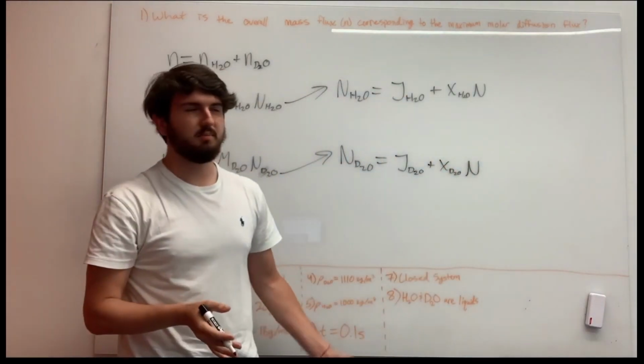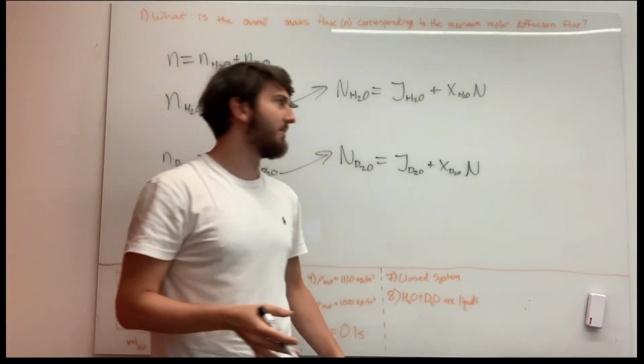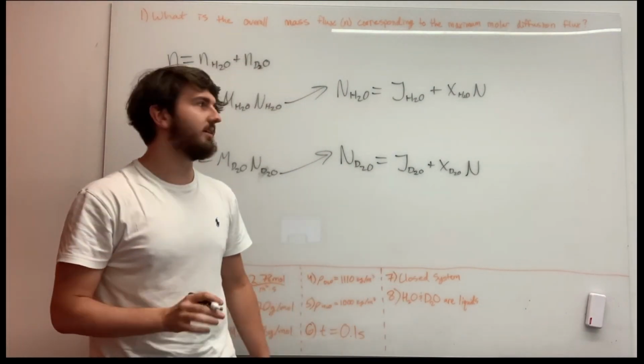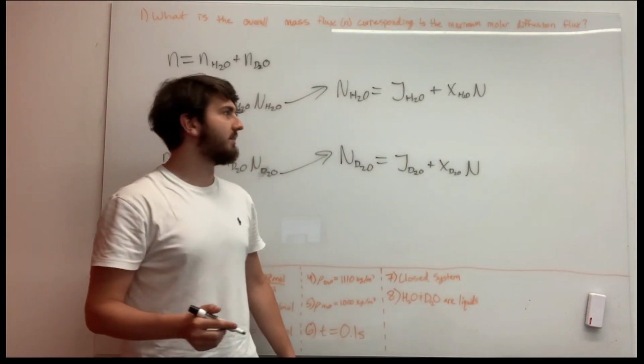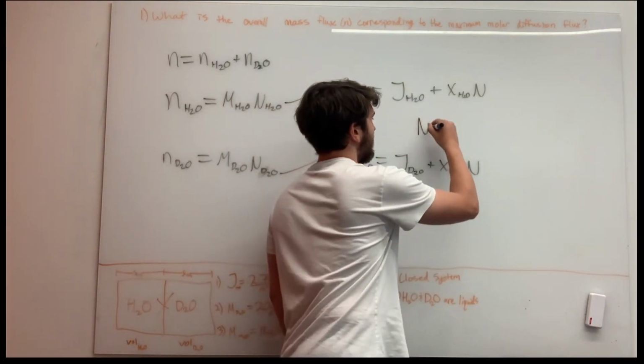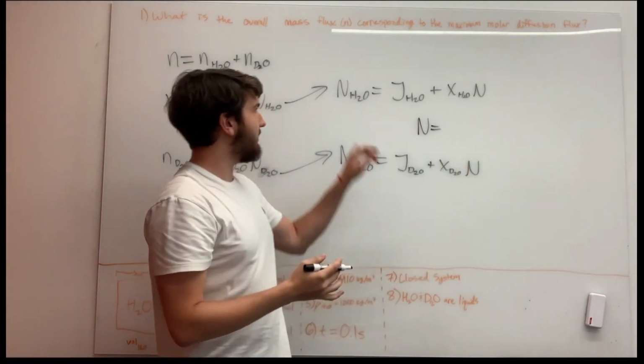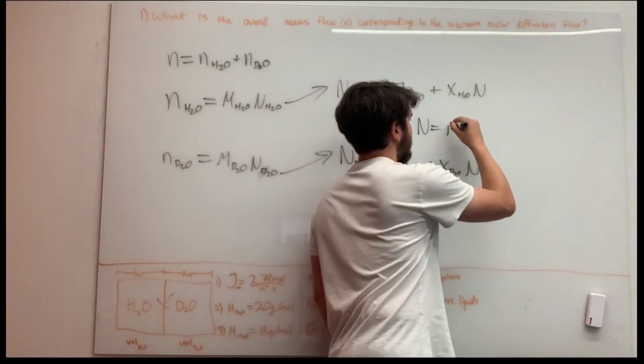We actually have a bunch of components here now. We don't really know all those, but we can cut those out because we have this value of the overall molar flux, which we do know is the sum of the individual molar fluxes.